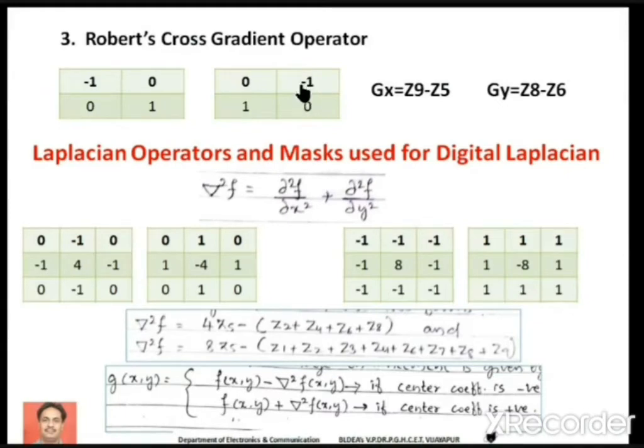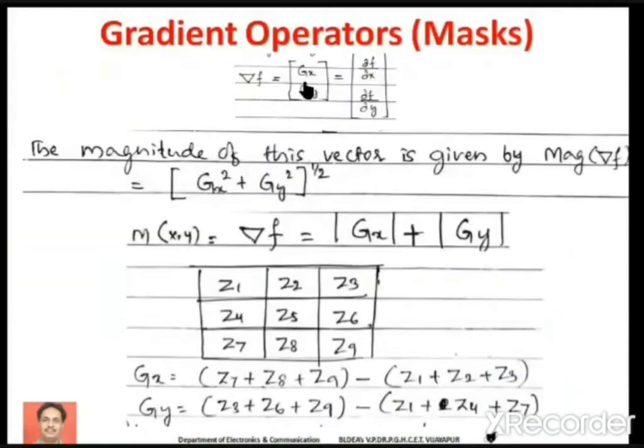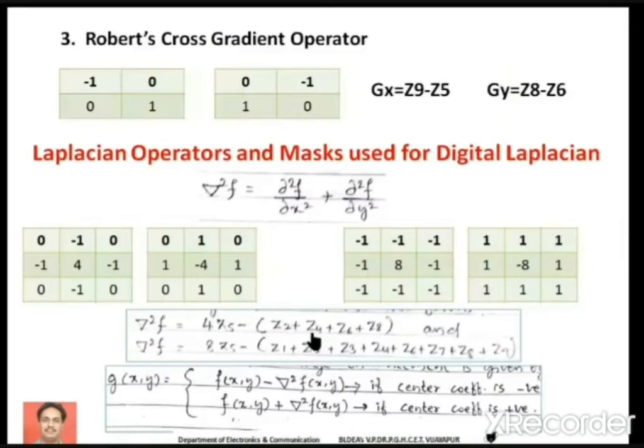So we assume that this 2 by 2 mask is overlapped with Z5, Z6, Z8, Z9. That's why gx is Z9 minus Z5 and gy in the Roberts gradient operator is Z8 minus Z6. So you may expect a question on this topic.